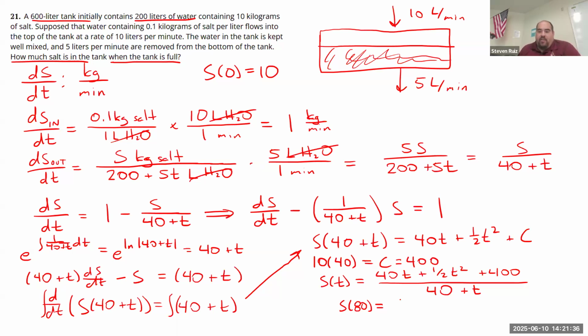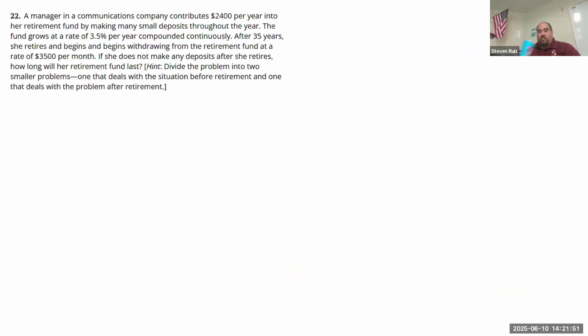Okay, I have an approximate answer of 56.7 kilograms of salt. All right, so that's all for question 21. All right, moving on to question 22.